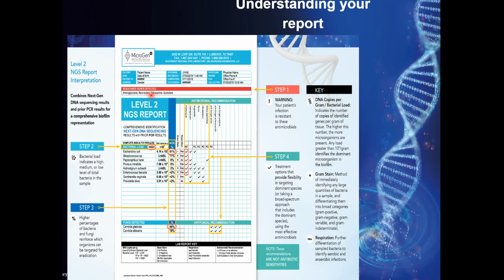Step 2 is what bacteria, here E. coli. One big advantage of next-gen sequencing over traditional culturing is what I call abundance. Not only does it list more bacteria, what bacteria is there, but also the abundance. Abundance is very important for clinical health.